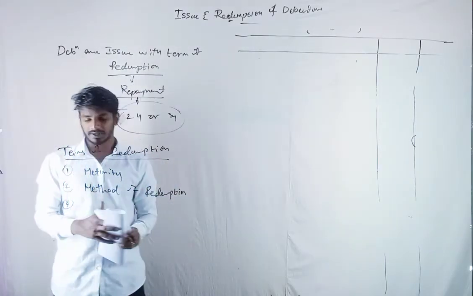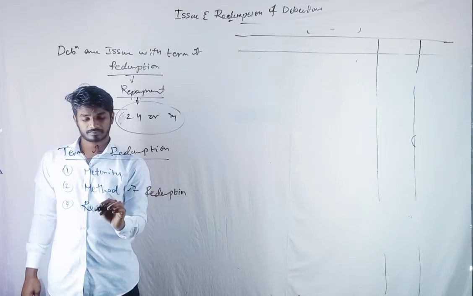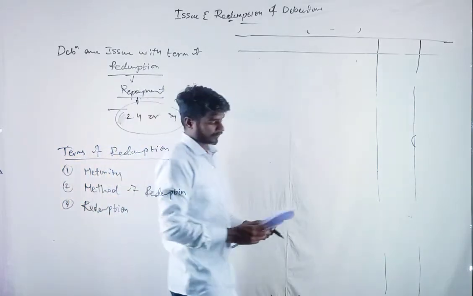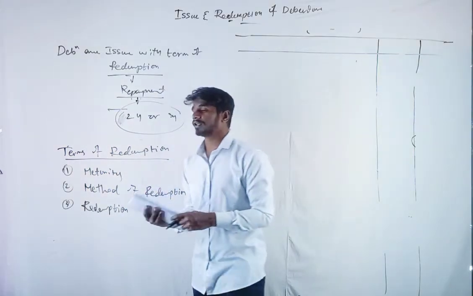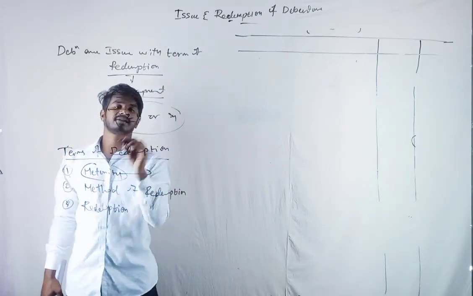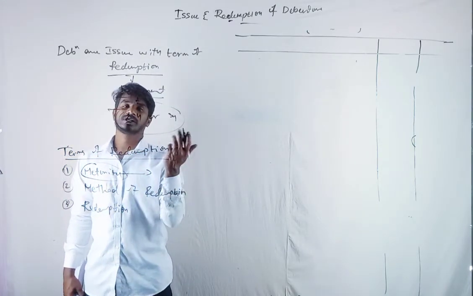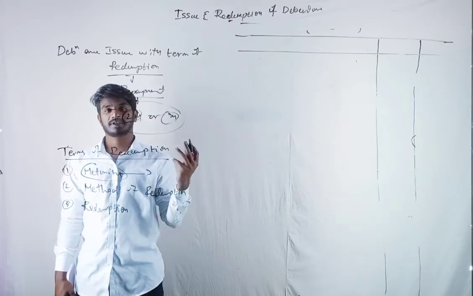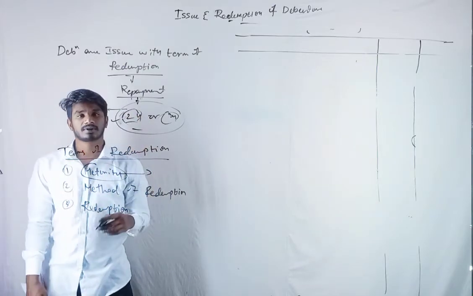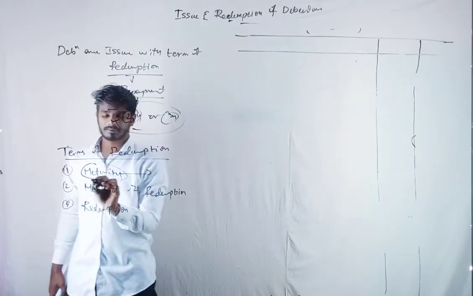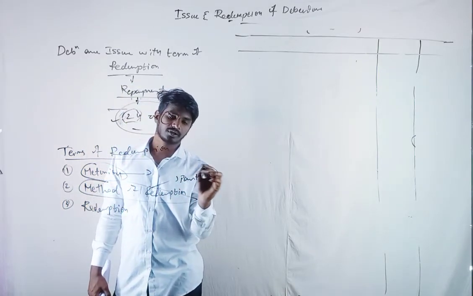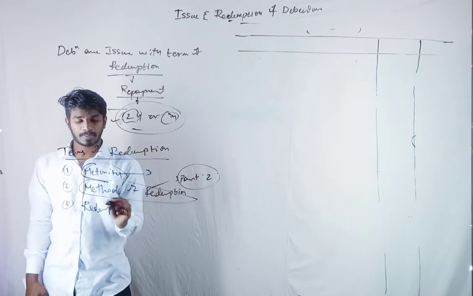The third one is redemption value. So what is maturity redemption? Maturity redemption means they will give, or you will give, a time of 2 to 3 years, and I will pay the loan. That is called the maturity period. At this time, it will get matured. Method of redemption we will discuss in part 2. It will be better there.